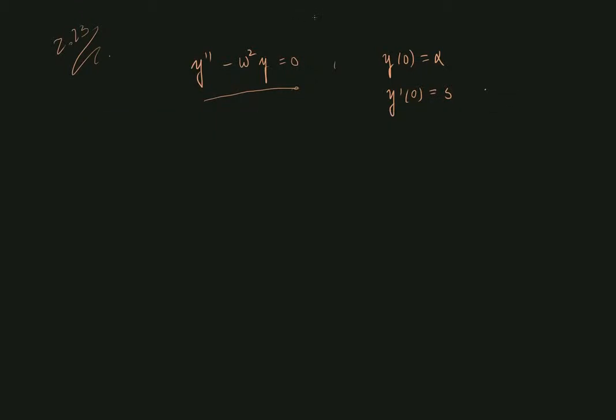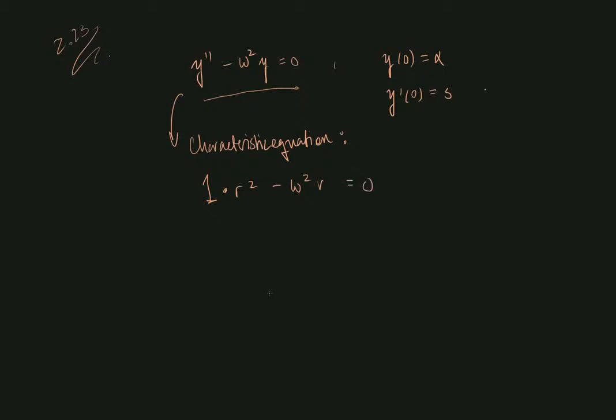So let me try to write that up. This has characteristic equation: A times R squared, so that is 1 multiplied by R squared, plus B times R, which is minus omega squared times R, plus C times 1, and I don't have any C here, so that's just 0.